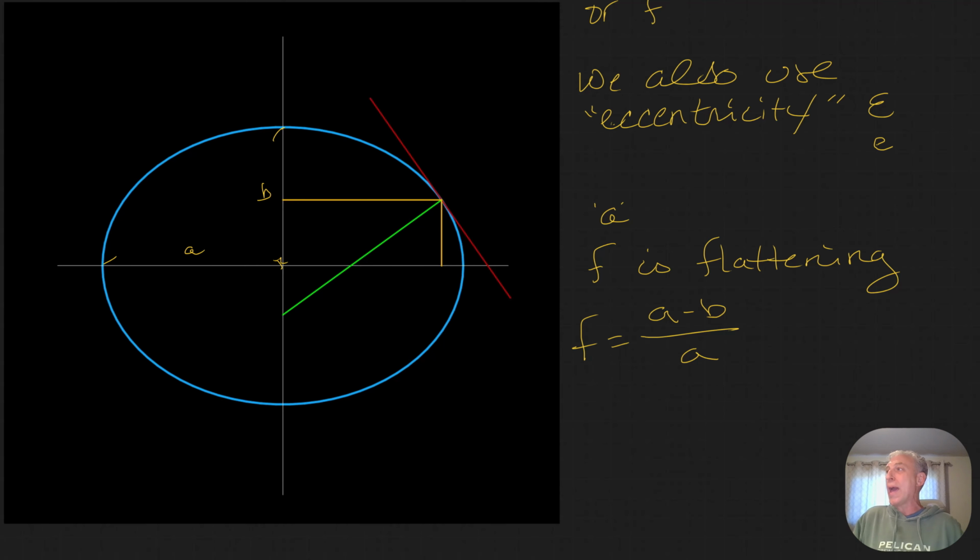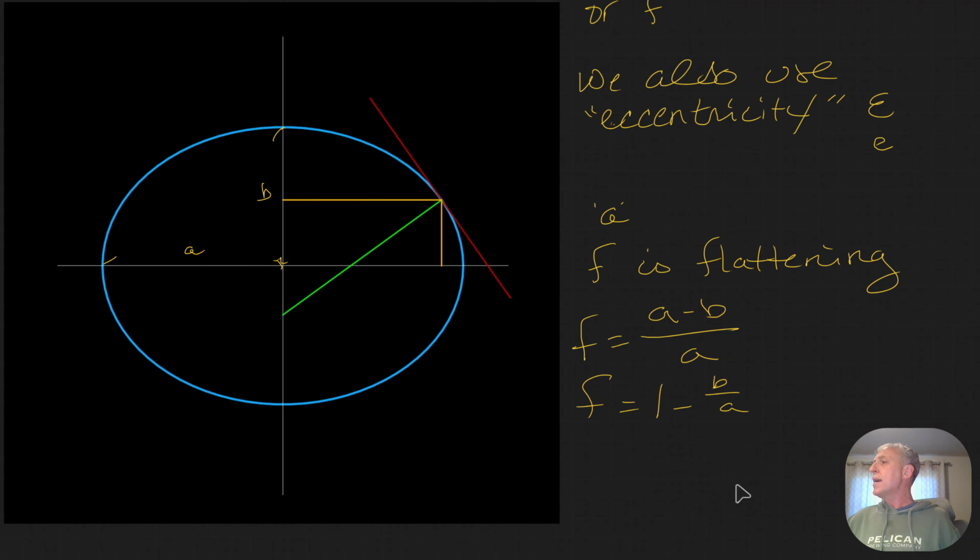As long as we know A and a flattening number, we can pull B out, the length of the semi-minor axis. If we perform a little algebra on A minus B over A, it's the same thing as 1 minus B over A. That's a representation you'll probably see at some point, and they're exactly the same thing.